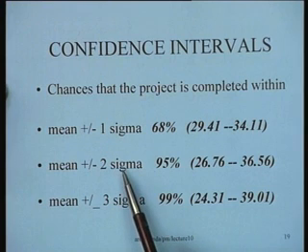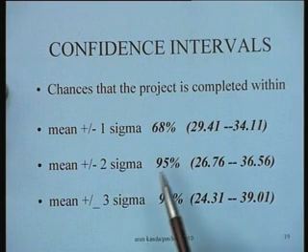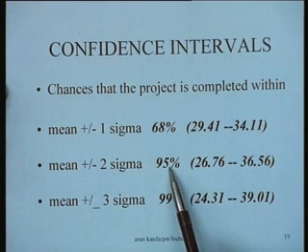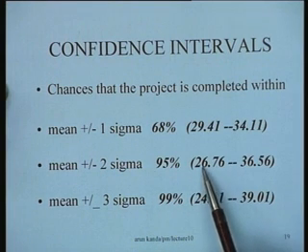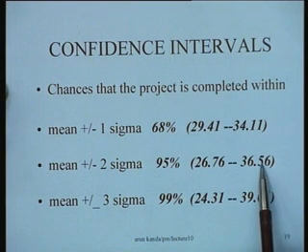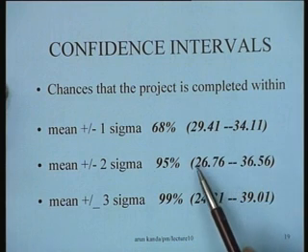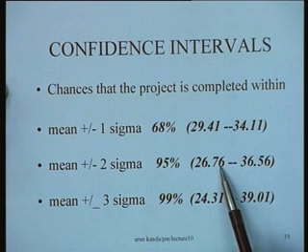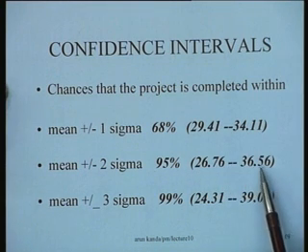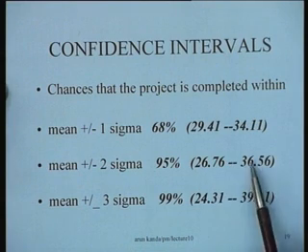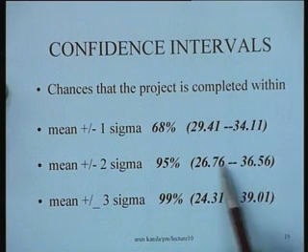Similarly, mean plus minus 2 sigma, here we say that the chances are approximately 95%. And the corresponding limits can be worked out in this example as something like 26.76 to 36.56. So these limits are obviously wider than this. These are 2 sigma limits.